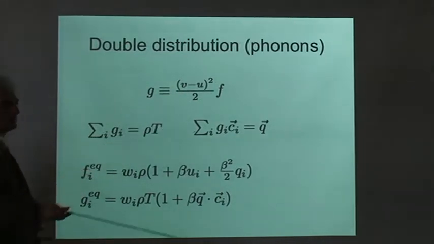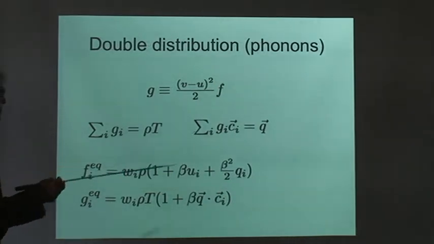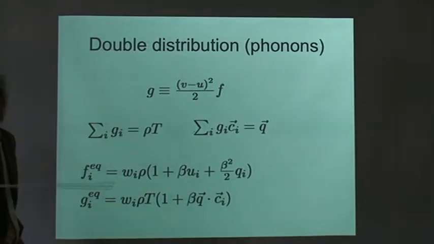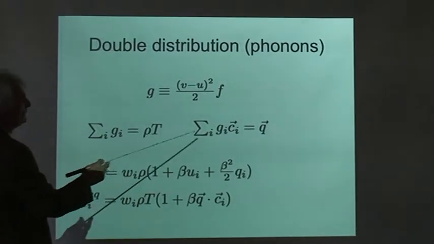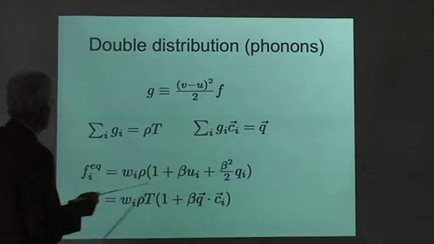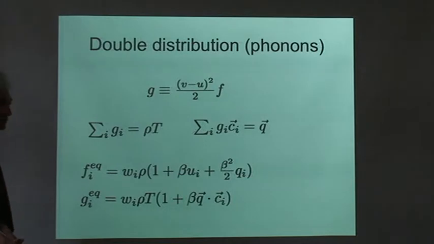Of course, G and F are one-to-one related, but the advantage is that formally, if I treat G as, say, the phonons, so that their density would be my temperature and their flux would be heat flux, then I can construct two equations, which in principle are photocopies, but in practice they are not photocopies.